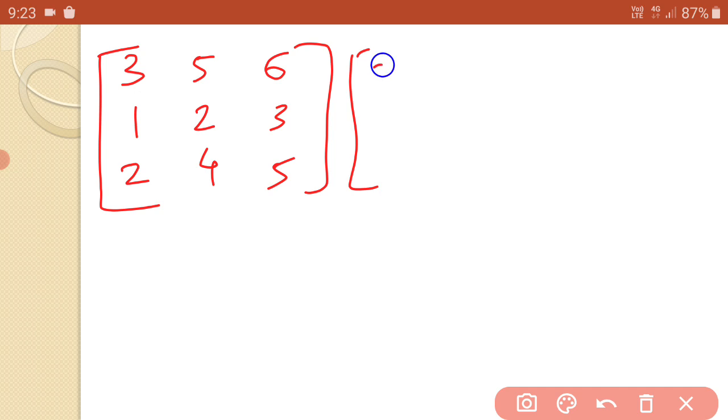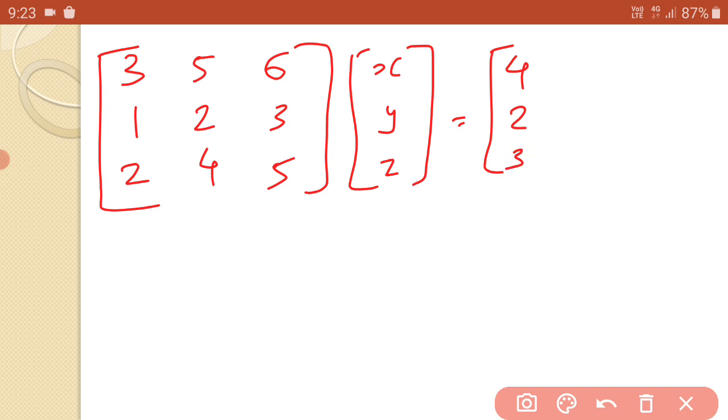Then you write x, y and z, and equal, you write 4, 2, 3. This way: 3, 5, 6, 1, 2, 3, 2, 4, 5. It's the coefficients of equations 1, 2 and 3. Then you write x, y, z and 4, 2, 3. This value we transfer to the opposite side.